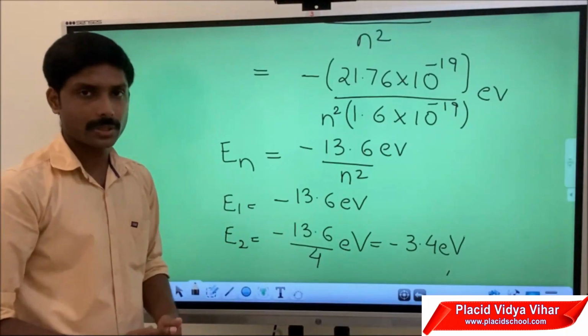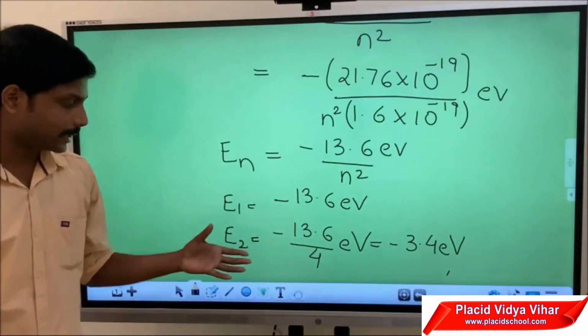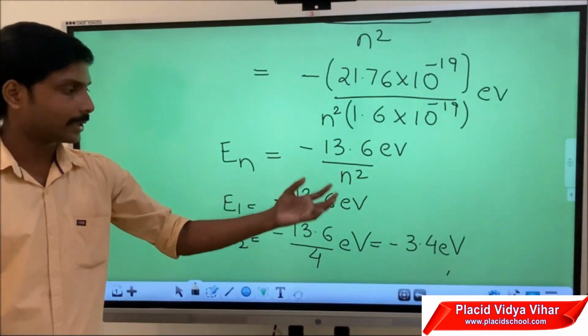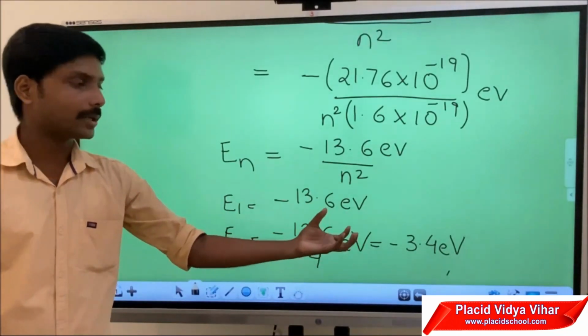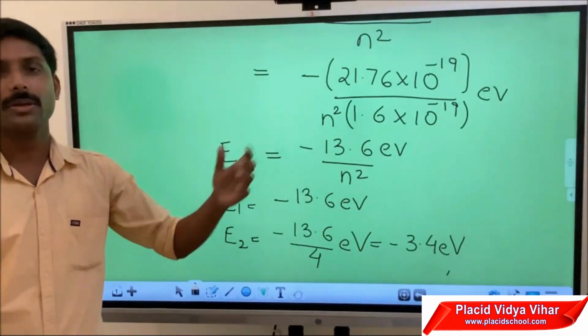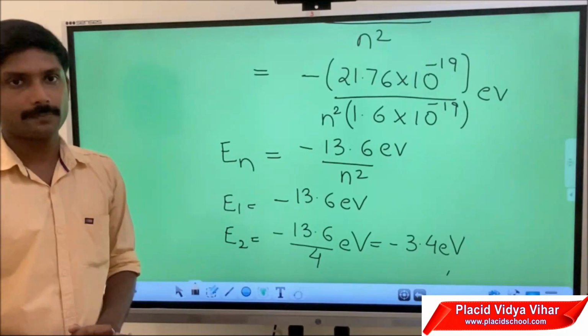Similarly, as the number increases, the total energy of the electron in the orbits will also increase.